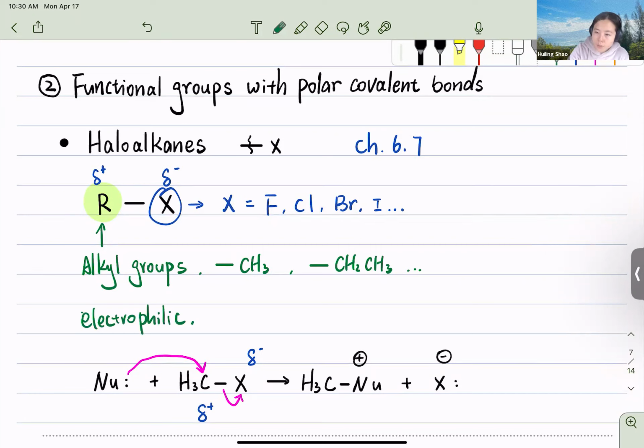Or the other way to put it is, we can say the carbon attached to a halogen is Lewis acidic. All right, this is the first class, the haloalkanes.